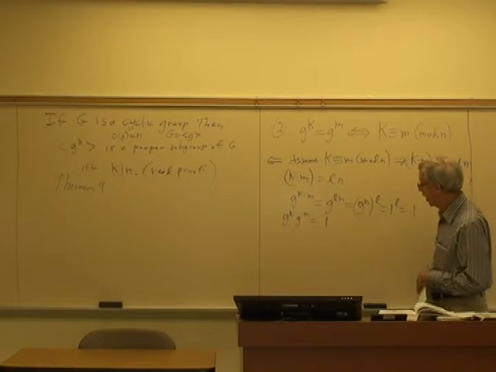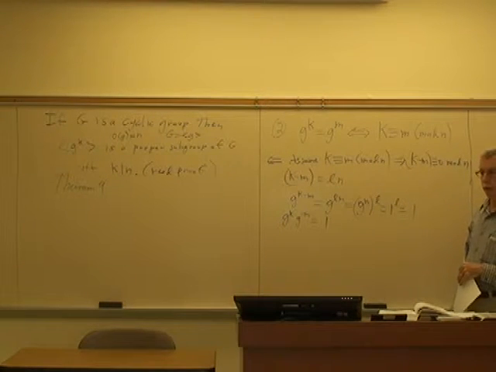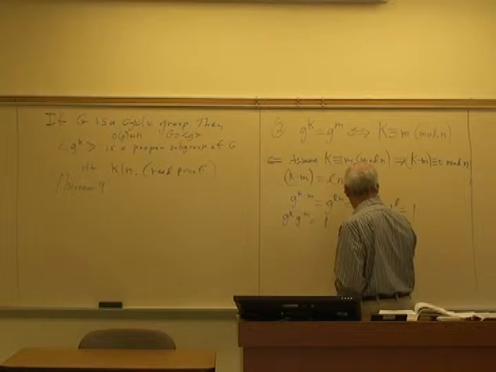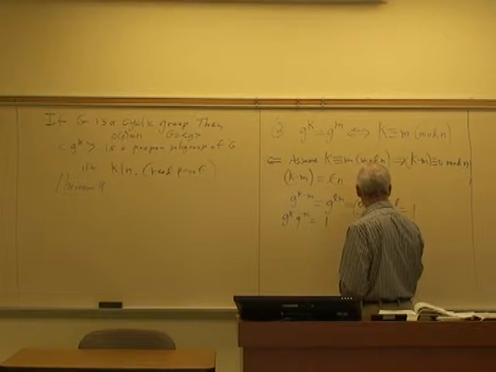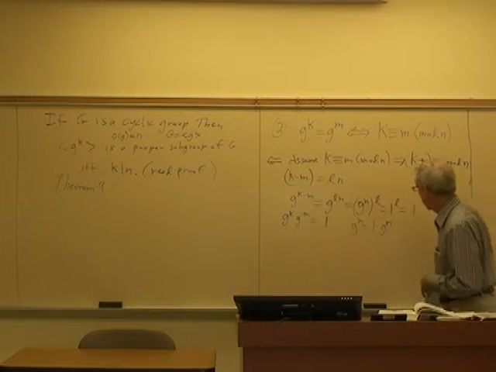So then if I multiply both sides, what do I want to multiply both sides by? Yeah, I can start here and say g to the m is equal to 1 times g to the m. What's 1 equal to? It's equal to that.